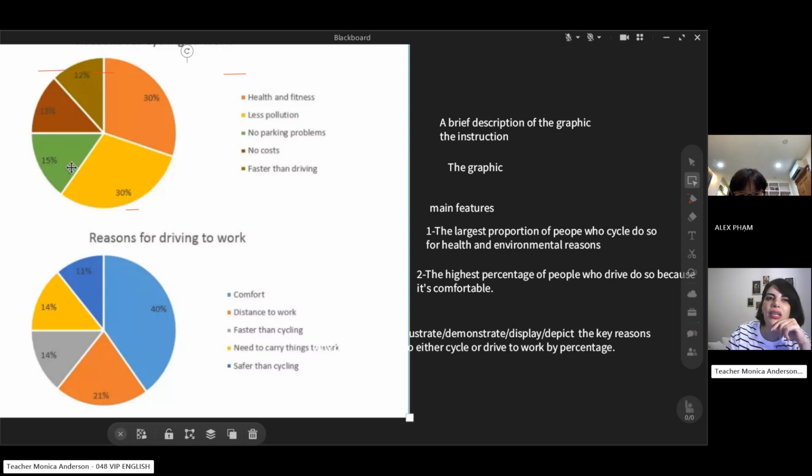They have the same. Look here, people said, okay, because it's faster than driving. And again, we have here maybe almost the same. So we can mention it.